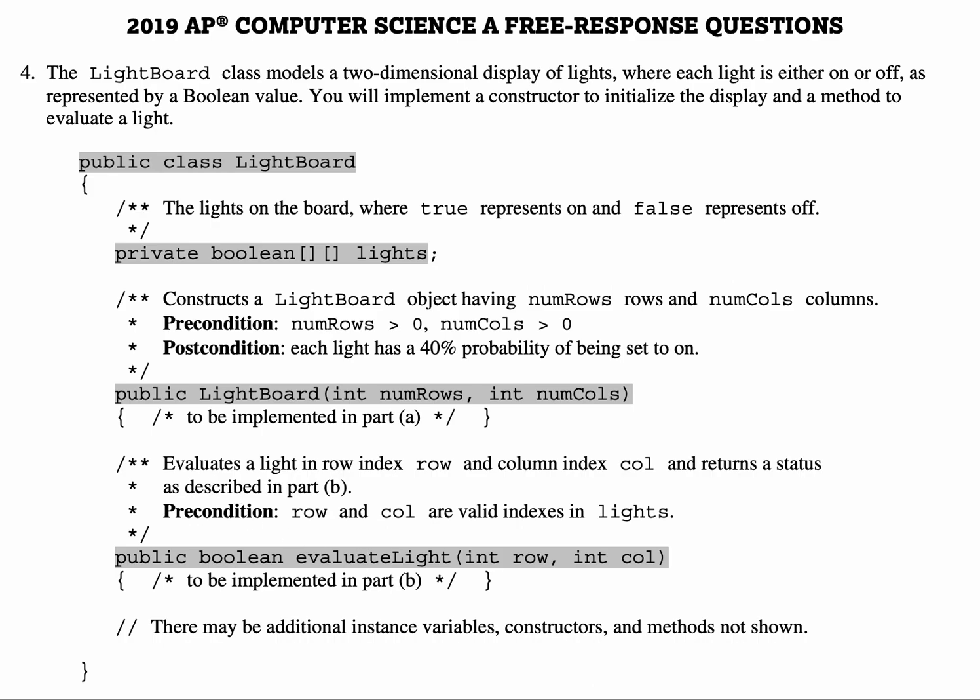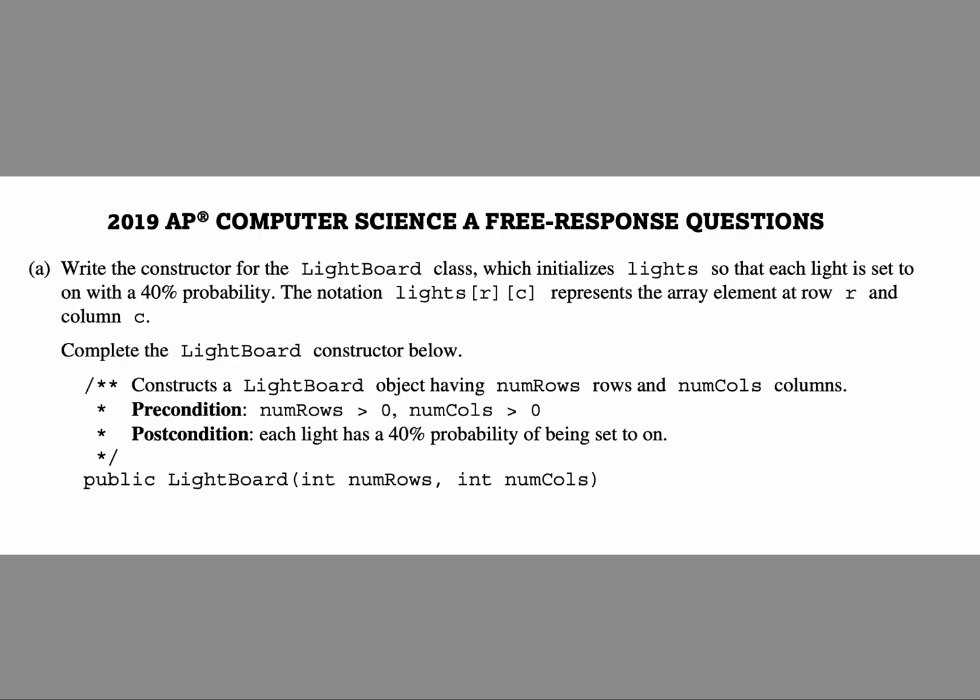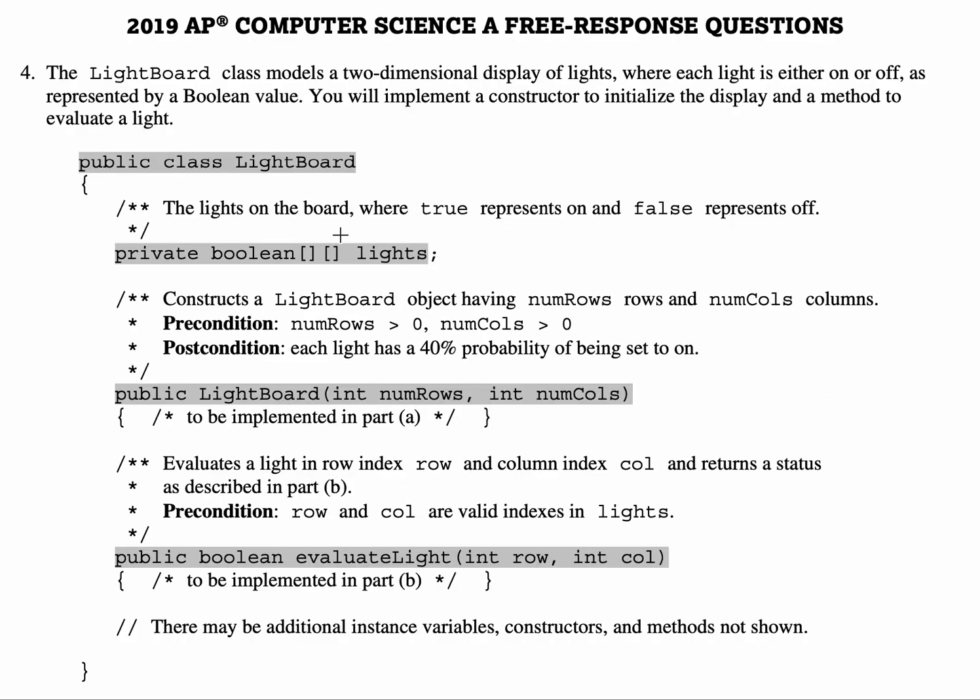So here it is. Part A says write the constructor for the LightBoard class which initializes lights so that each light is set to on with a 40% probability. So the notation lights[r][c] represents the array element of row r in column c. Your job is, again, to fill up the 2D array that is the lights 2D array, so you're going to be referencing that.